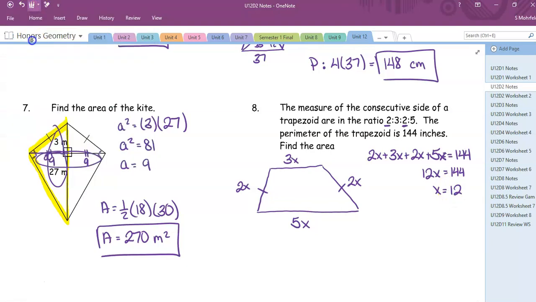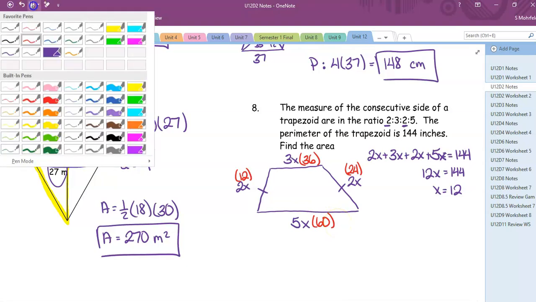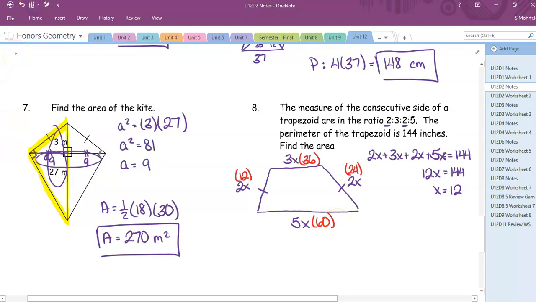So what I definitely want to do right now is take that 12, plug it back in so I can figure out all my side lengths. 3 times 12 is 36. 2 times 12 is 24, so that's for here and here. And 5 times 12 is 60. So all I did was I took the number, plugged it back in for x.